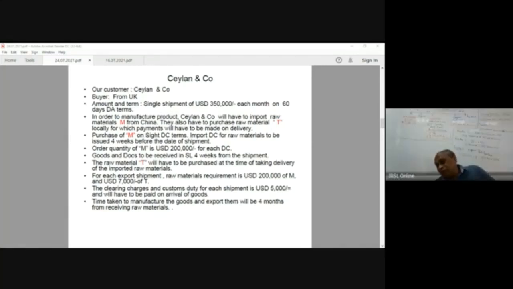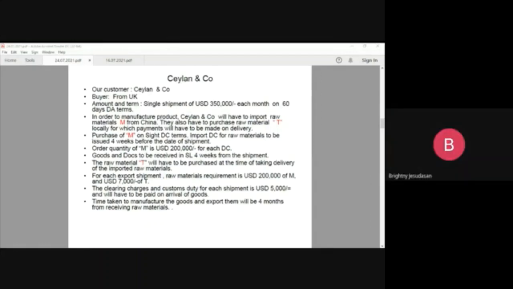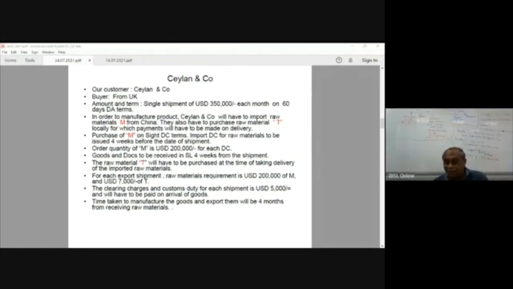Very good question. The exporter's bank does not take any undertaking or obligations, because what we learned last week is, if the export has been done on DA terms, that means not under LC, but under collection. Yes, sir. This is very valid to the discussion.